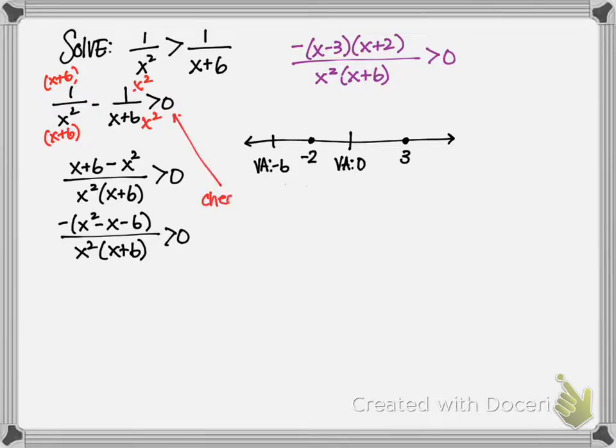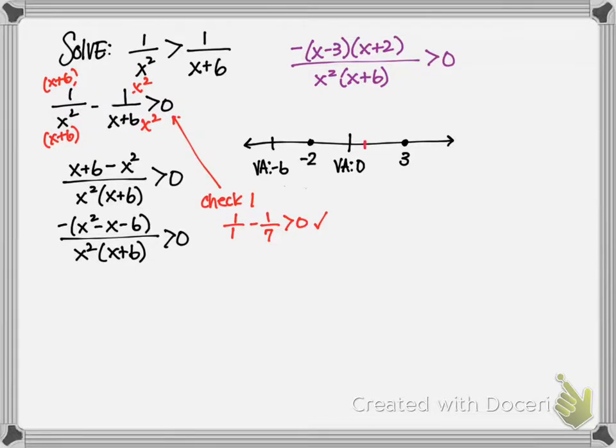So I'll use positive 1 since 0 is an asymptote. I can't put that in. So I'd have 1 over 1 minus 1/7, and we would want to know if that is greater than 0. And it definitely is. So I checked 1. So in the zone where 1 is, that's over here. I know the graph's going to be positive. And I'm going to circle that because those are the answers we want to take, since we want to know where it's greater than 0.